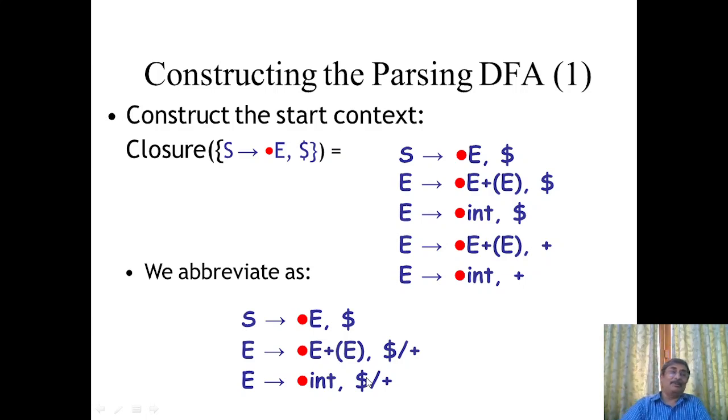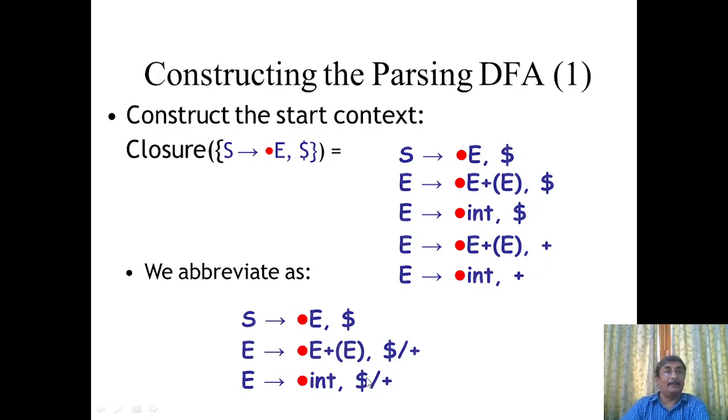one look ahead symbol. Now understand that the algorithm, the parser driver, the parser program does not do any look ahead. While constructing the parsing table, while constructing the DFA, we are actually creating this considering this look ahead. Very interesting.